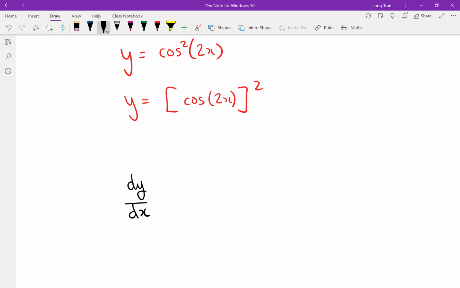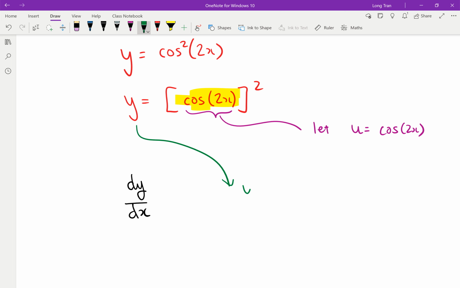If I can replace this cos of 2x and call that something else, let u equal cos of 2x, then it changes the problem and makes it much easier. Now y becomes, instead of cos of 2x squared, u squared.